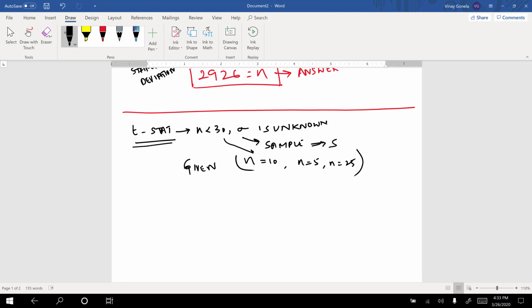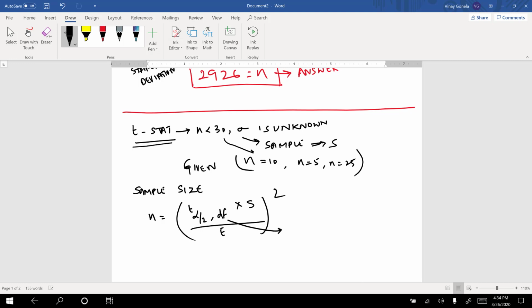So the formula for sample size in T is n equals T alpha over 2, degree of freedom, multiplied by S divided by E, whole square.